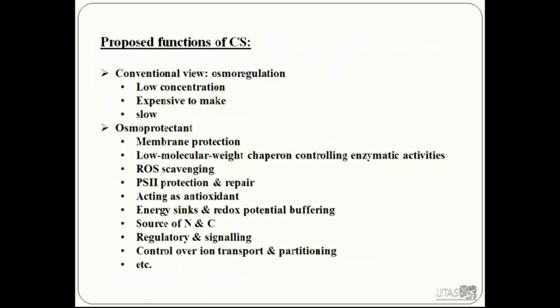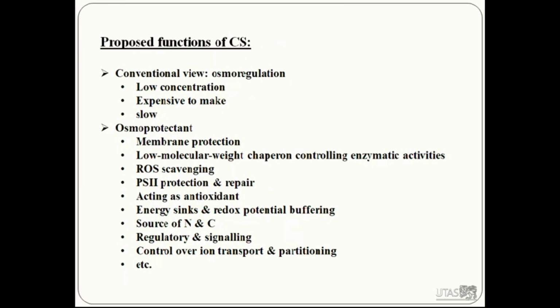Therefore, the opinion on their direct role in osmotic adjustment in plants is no longer relevant. However, plant physiologists around the world strongly concur with the suggestion that because compatible solutes are mostly hydrophilic, they could replace water at the surface of proteins, thus acting as osmoprotectants.